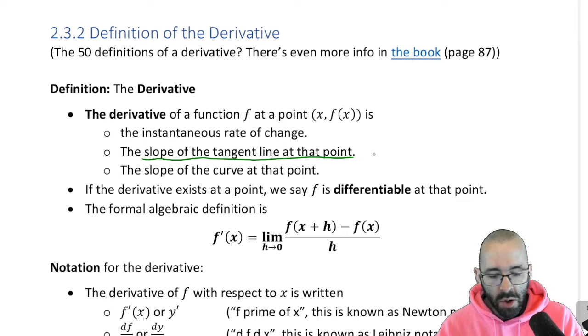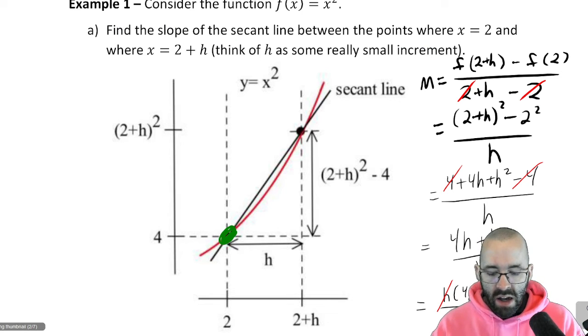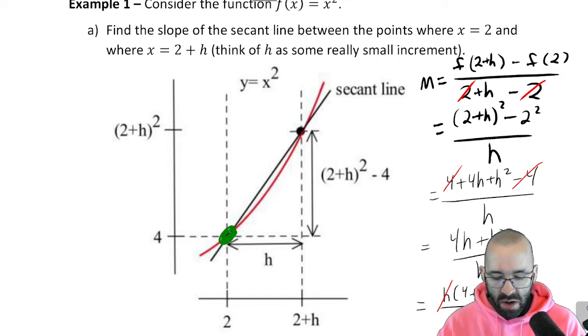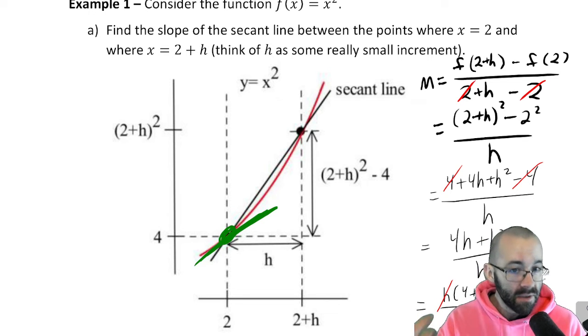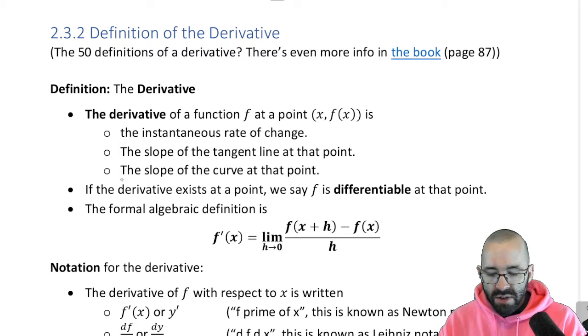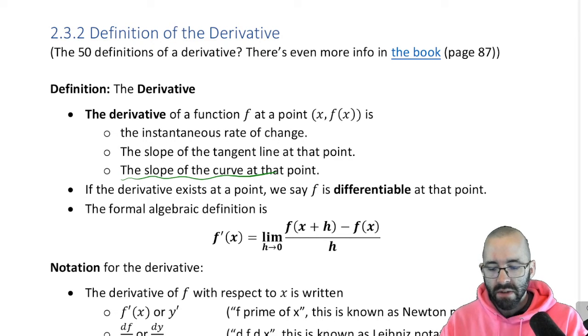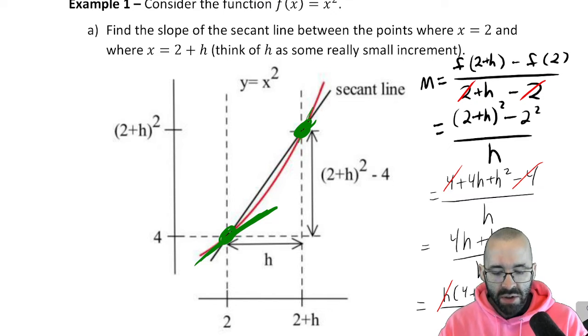It's a slope, okay? The rate of change of the function right there. It's also the slope of the tangent line. That's how we found it in the example before. So if I tell you the derivative is 4, that means the slope of this tangent line is 4. All right. It's also known as the slope of the curve. So if I say the derivative over here is something else, that's a measure of how steep the curve is right here.